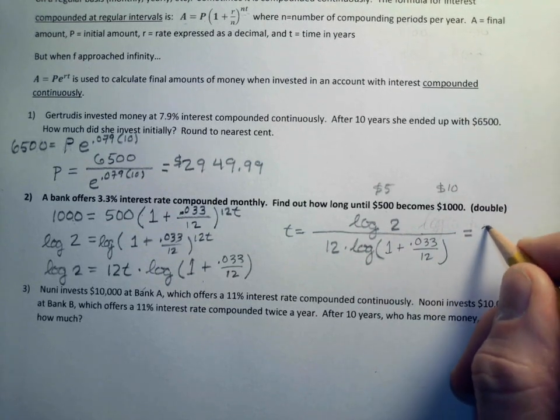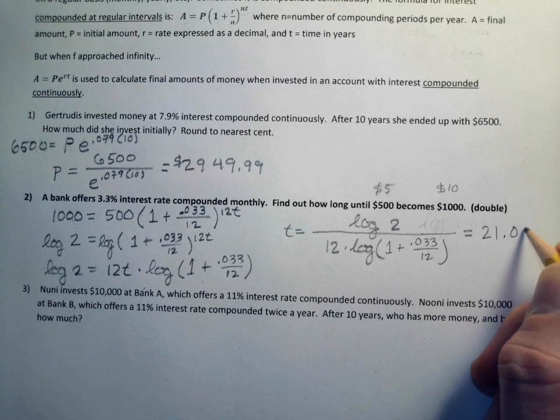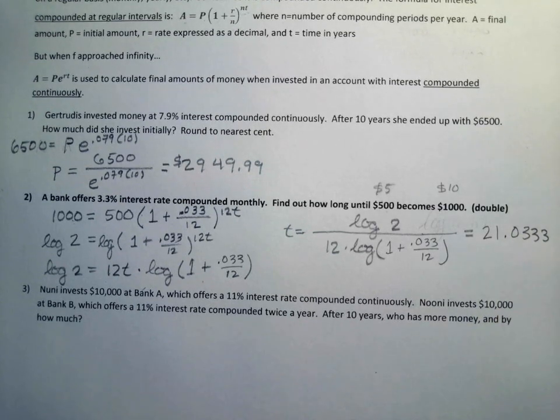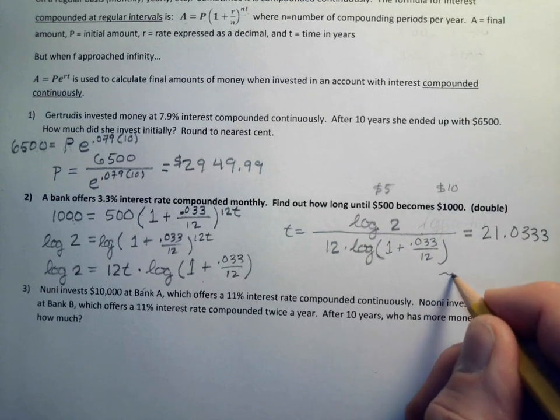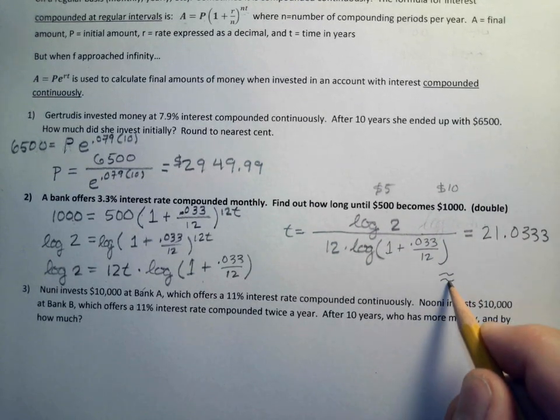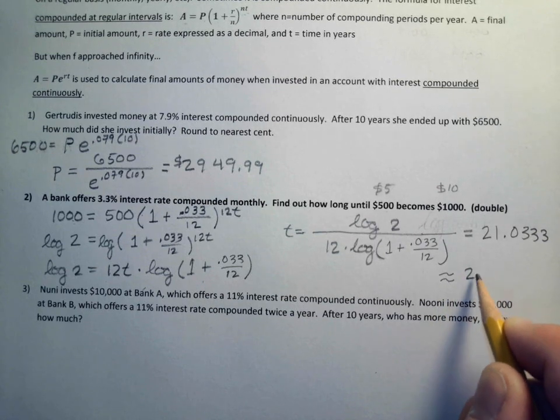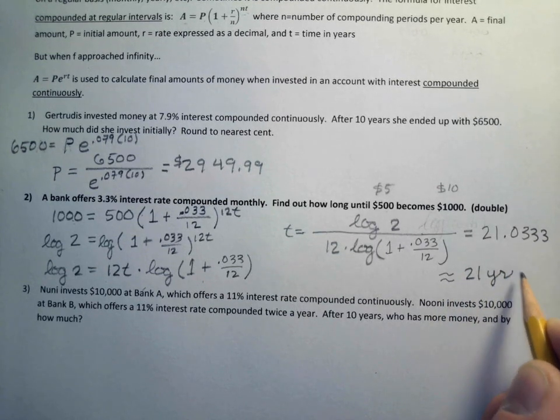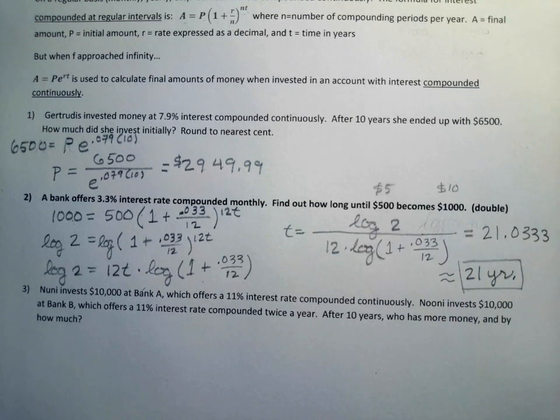And let's see, I get 21.0333. And sometimes this is pretty close to just one whole year, 21. So we'll just say approximately, remember the squiggly equal sign means approximately equal to, 21 years.